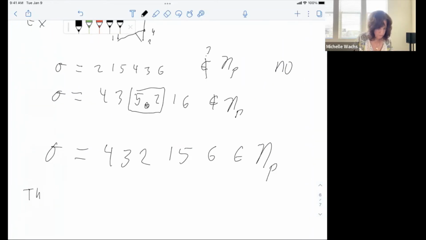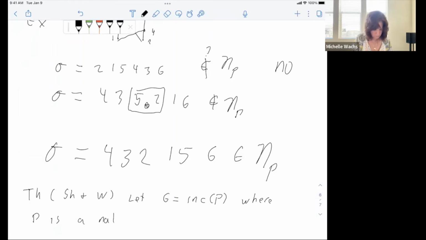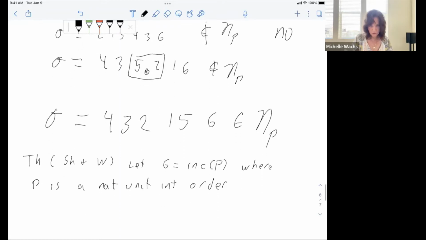So John and I proved: let G be the incomparability graph of a natural unit interval order, so that makes G a natural unit interval graph.